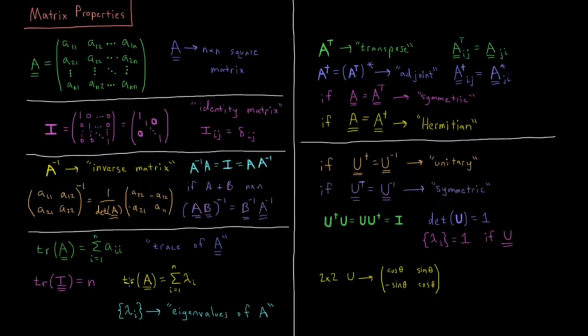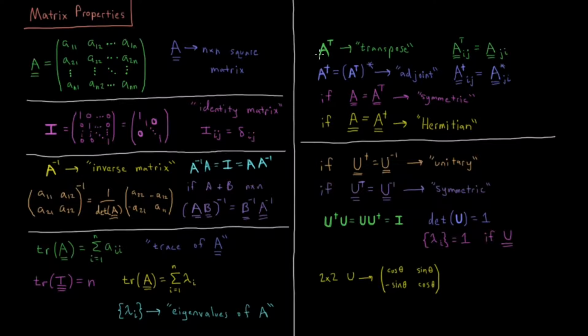A very convenient property for us is that the trace of a matrix is equal to the sum of its eigenvalues. These lambdas here I've called the eigenvalues, although I've been using the notation omega for most of this series, so maybe I should have used omega here. In any case, the sum of the eigenvalues is the trace of a matrix. We'll explain what eigenvalues are in a subsequent video.